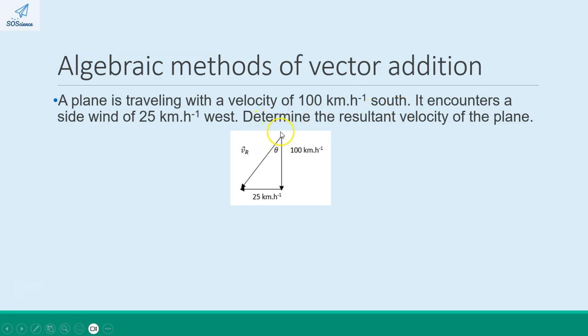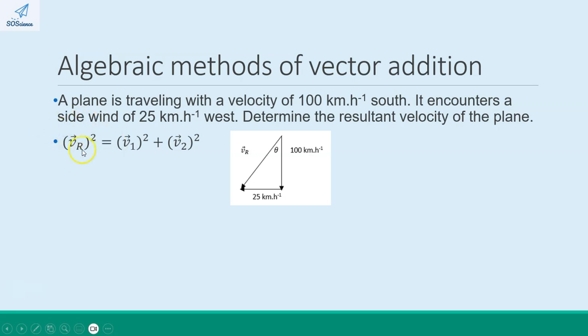So in my sketch, the resultant velocity is from the tail of the first vector to the head of the last vector. The length of this line represents the magnitude of my velocity, and I can work out the direction based on the theta, which I place at the tail of the resultant.